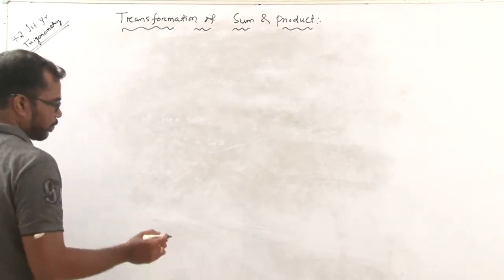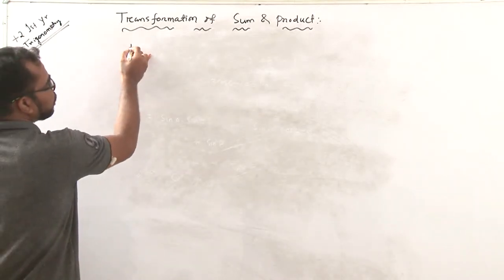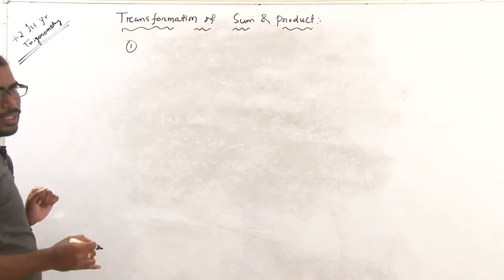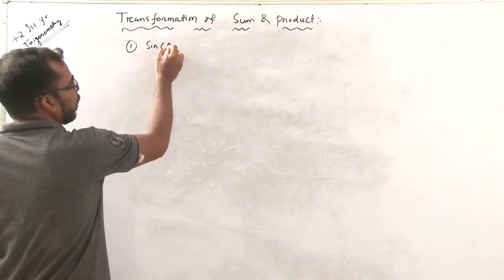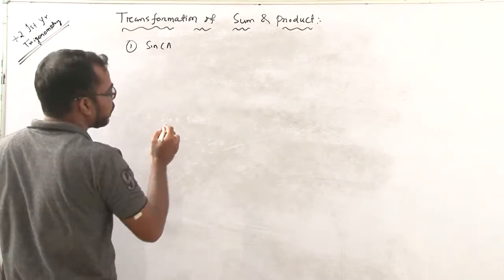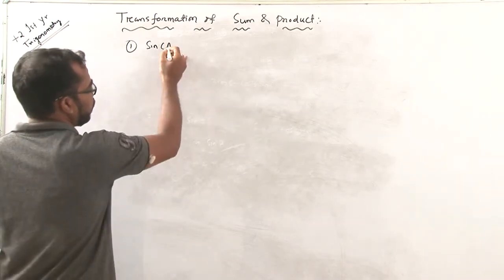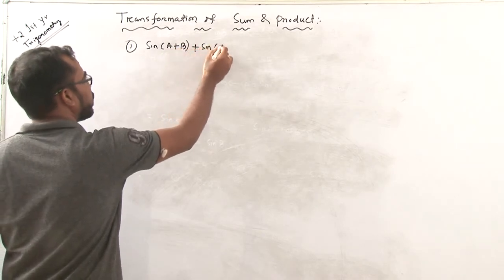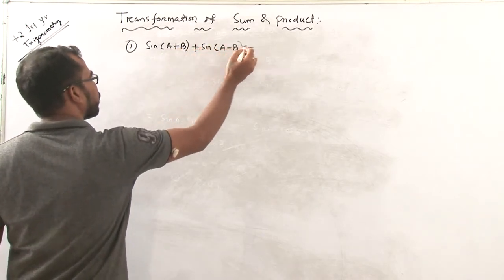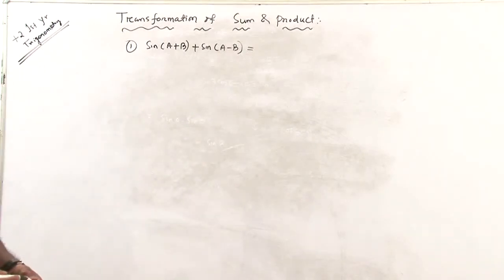So here the first formula is sin(A + B) plus sin(A − B).